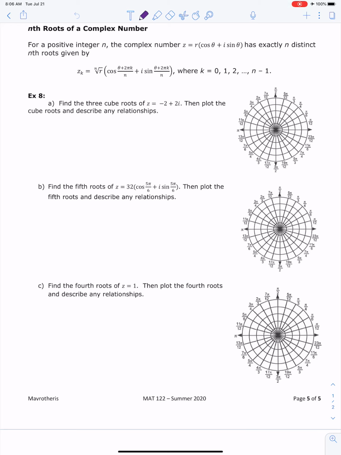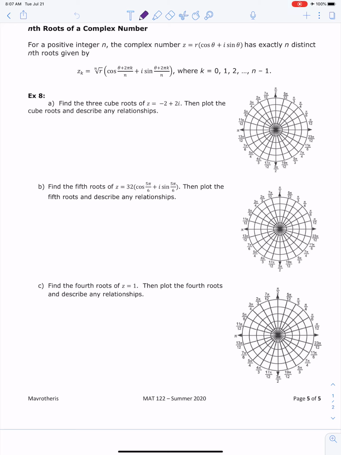Again, we're going to define our complex number z as r times the quantity cosine theta plus i sine theta. If we want the nth root, it falls right in line with what we did when we were finding the power. We're going to take the nth root of the modulus, and then our angle is going to be divided by n, but we need multiple rotations around the unit circle.